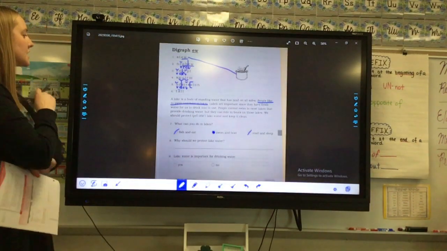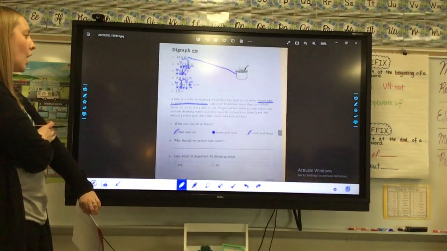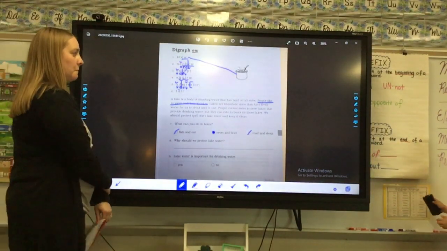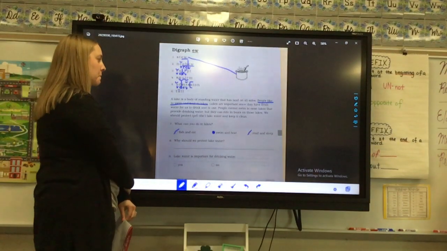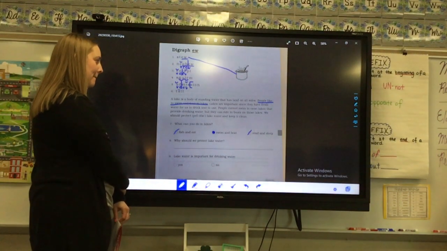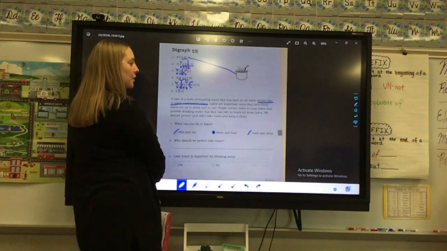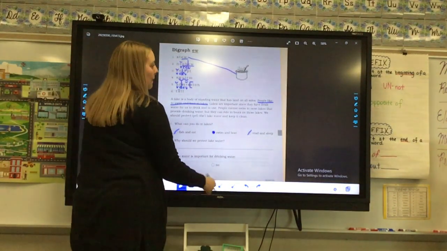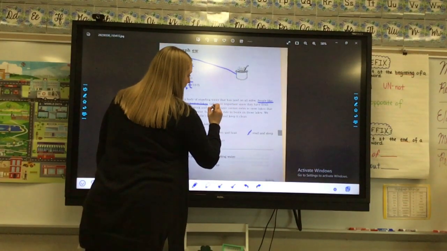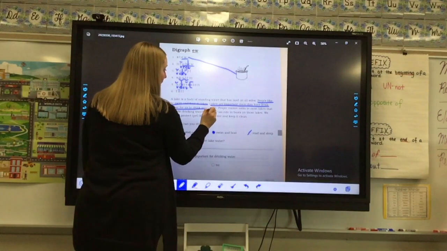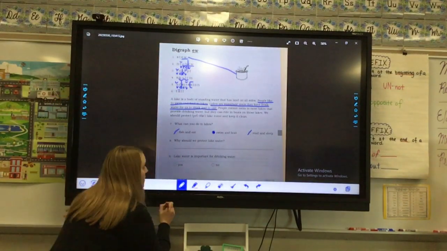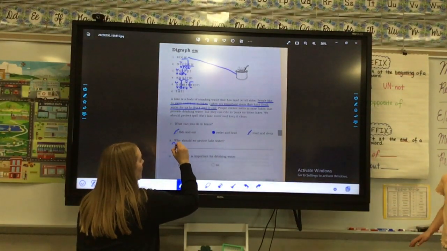All right, number 8. Why should we protect lake water? Well, we need to go back to our text evidence. Oopsie. So we should protect our lake water because, right here it says lakes are important since they have fresh water for us to drink and use. So I'm going to restate the question.